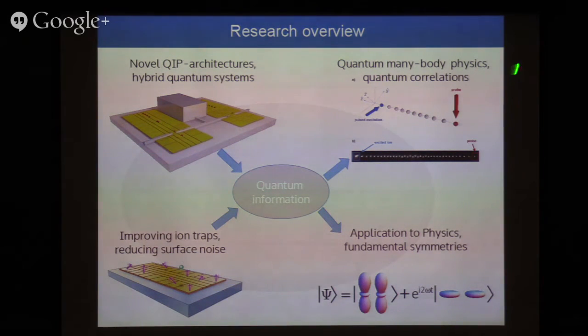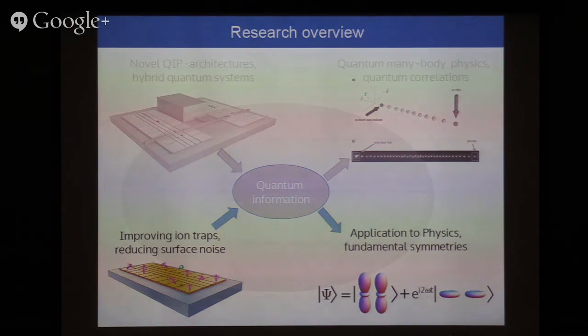One big thing is, of course, quantum many-body physics, studying how quantum correlations, for instance, in this 37 ion system propagate. I won't talk about this today. Rather, I want to talk about the application to fundamental physics, in particular fundamental symmetry. I will talk about these two topics.